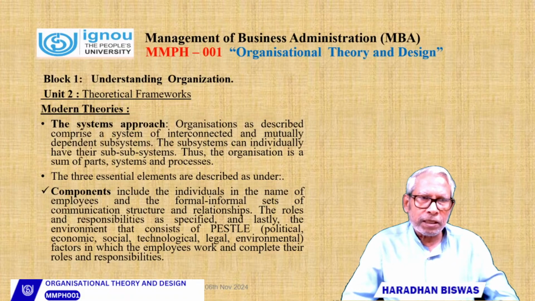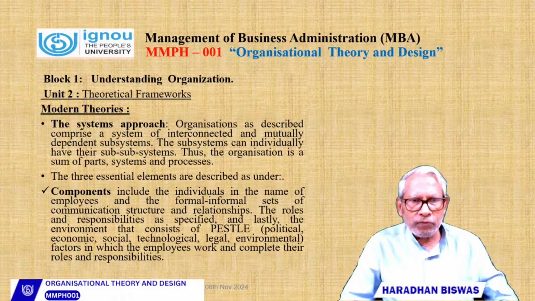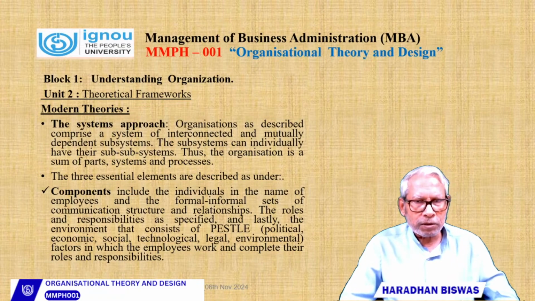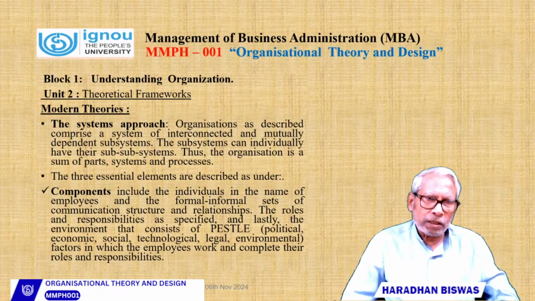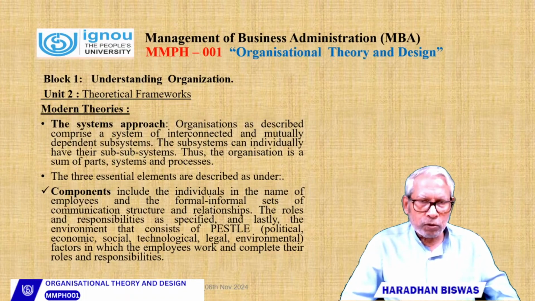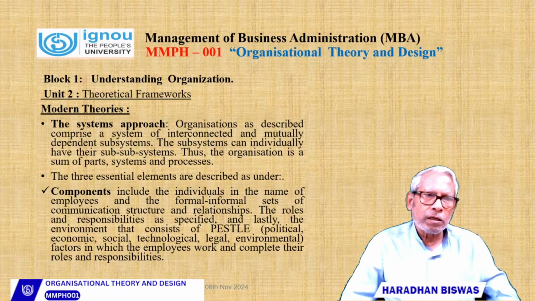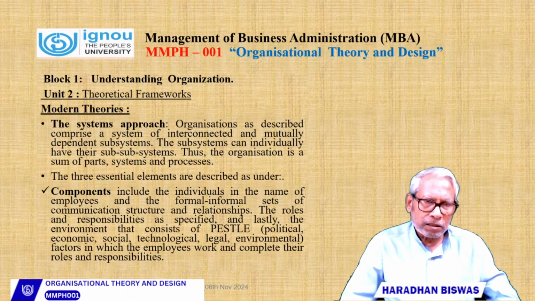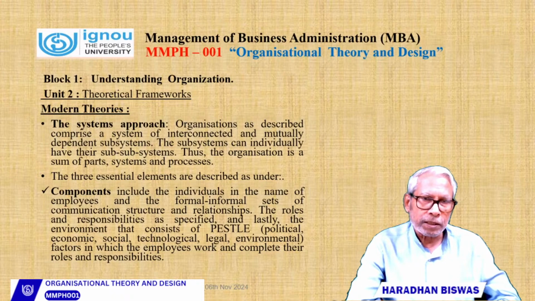The components include the individuals, the employees, and the formal and informal communication structure and relationships. The roles and responsibilities are specified, and as we know, there is PESTLE: the political, economic, social, technological, legal, and environmental factors. All these factors are there in which the employees work and complete their roles and responsibilities. These are the components here.